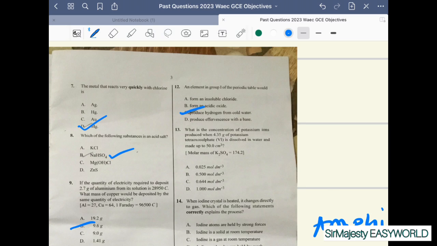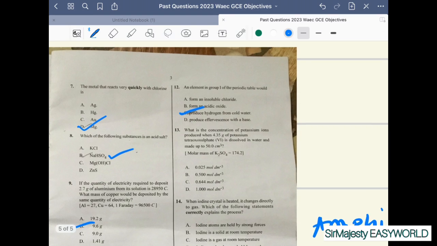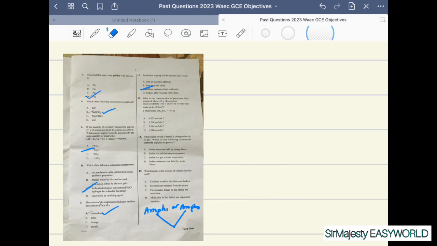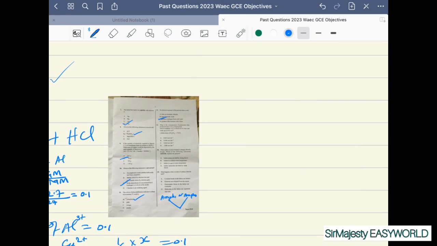First, we have to take a look at the compound in question, and that compound is K2SO4. We have to dissociate it first. On dissociation into cation and anion, it will give us the cation K plus, and then the anion is SO4 2 minus.